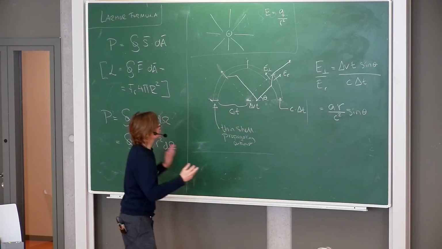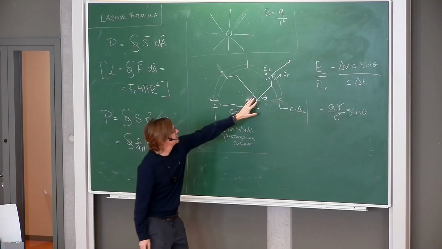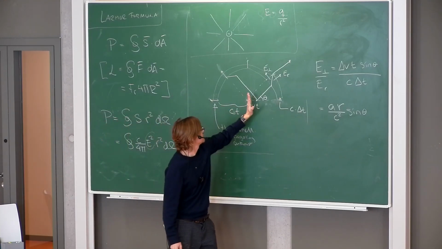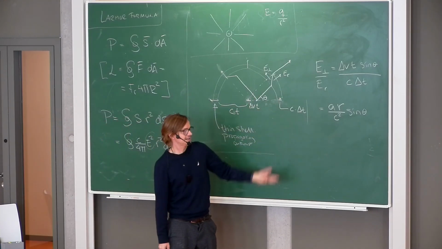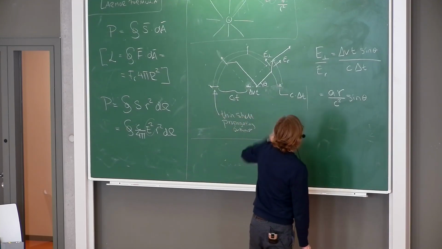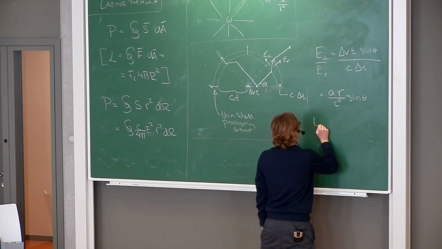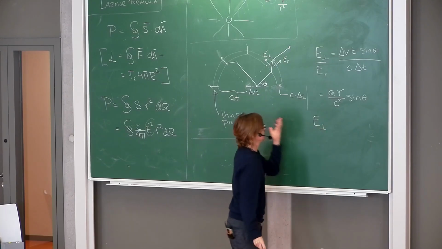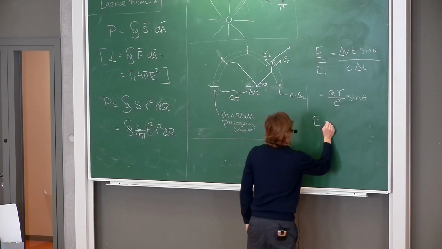Now, on large distances, this is the electric field that will be seen. So this would be E tangential, which is then E_r.